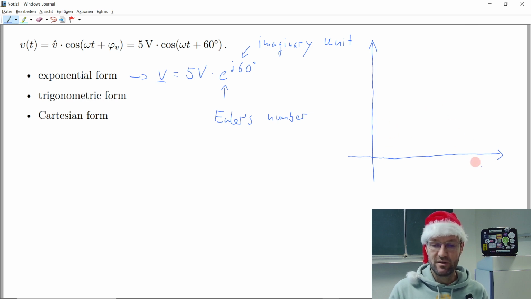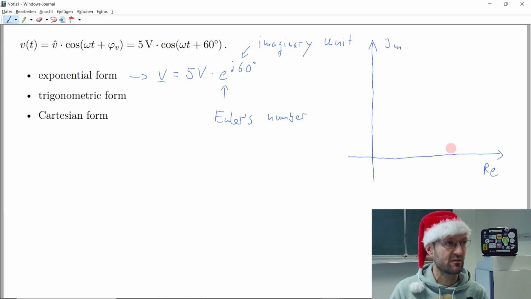So if we draw it in a complex plane, and this would be our real axis, and this would be our imaginary axis, then we always count angles from the positive real axis and then counterclockwise. So 60 degree might be something like this, and I'm not good here.